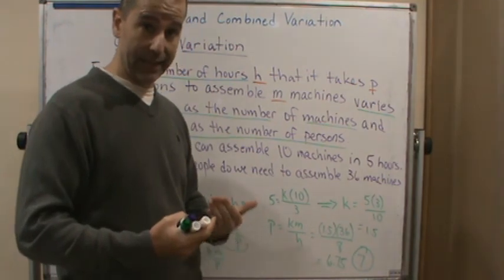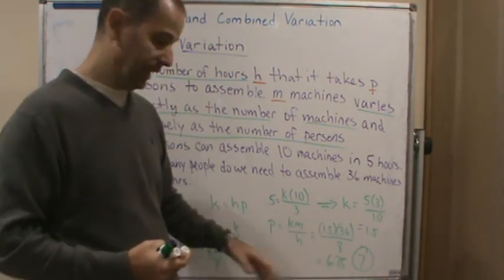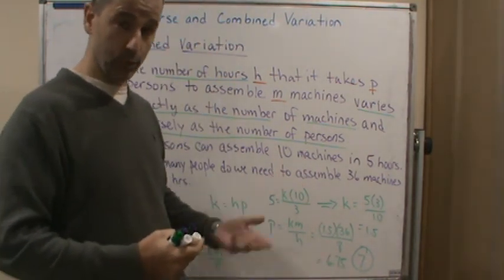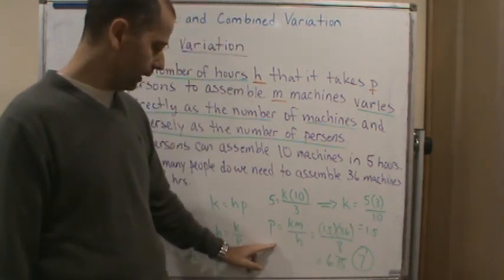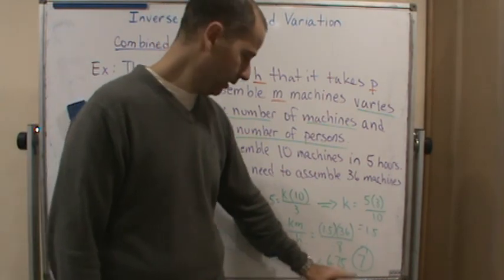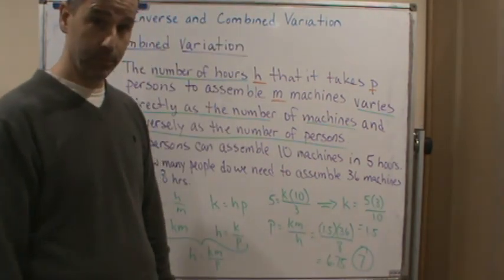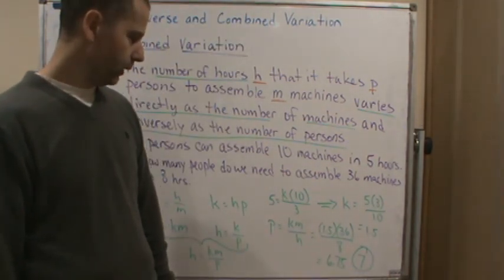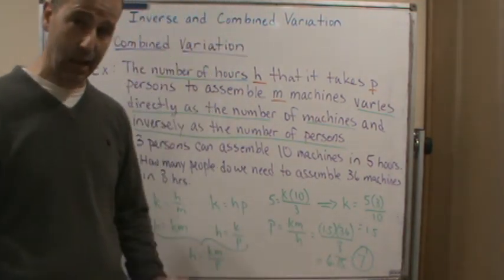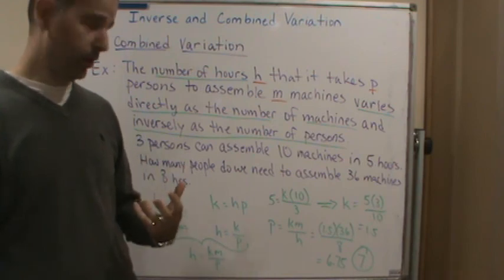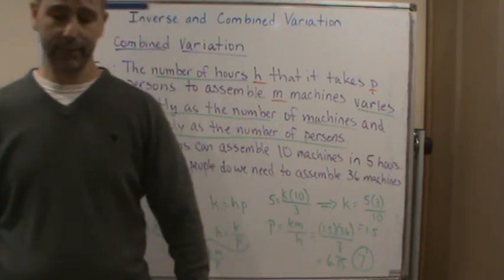In fact, it'll be less than 8 hours, or we'll end up doing more than 36 machines. But because we're talking about people and you can't have a fraction of a person, round up. In this case, we would definitely round up, because rounding down would hurt us. So the answer is 7.